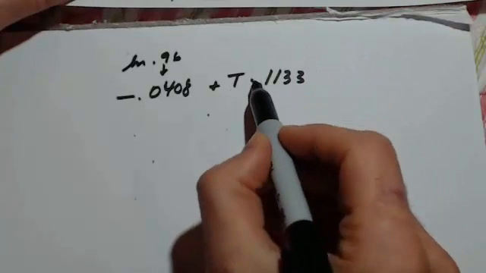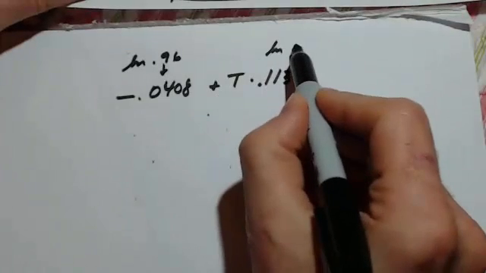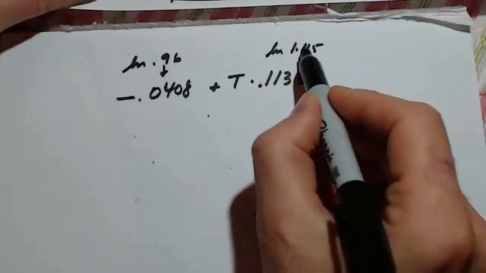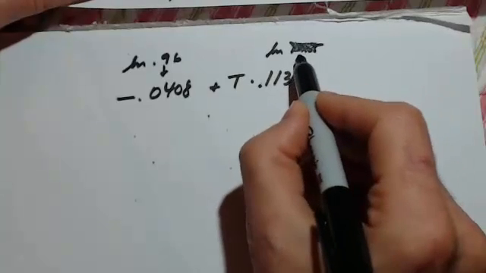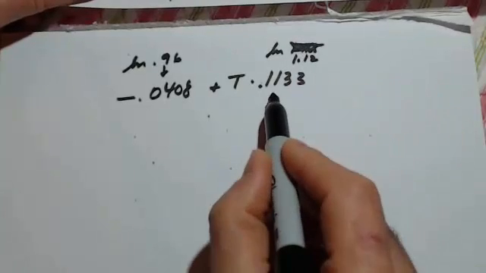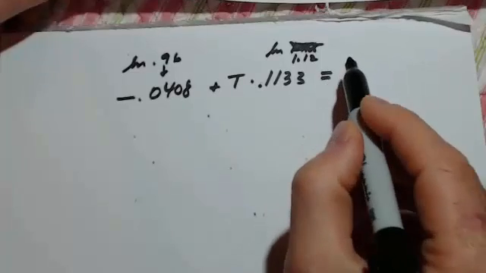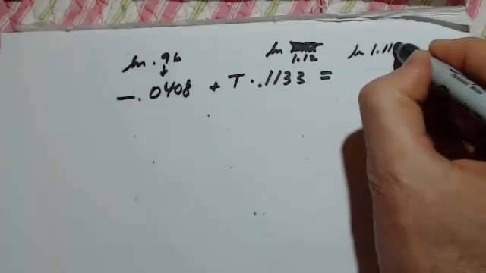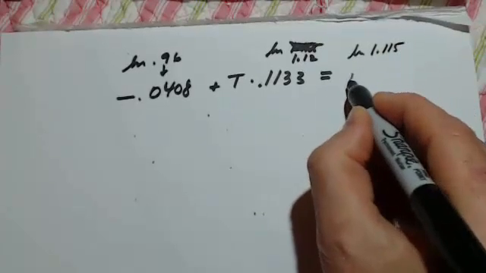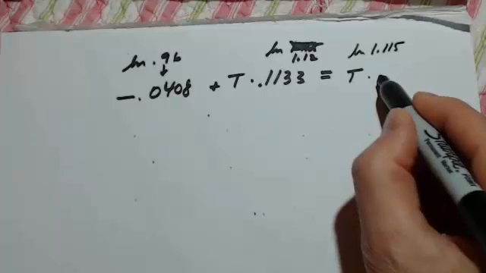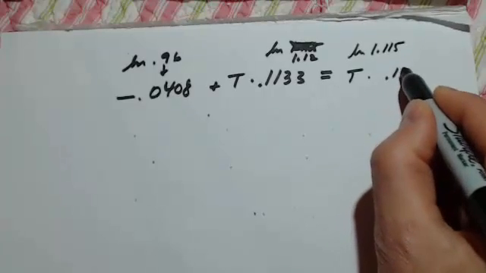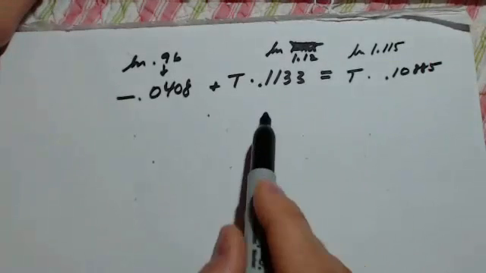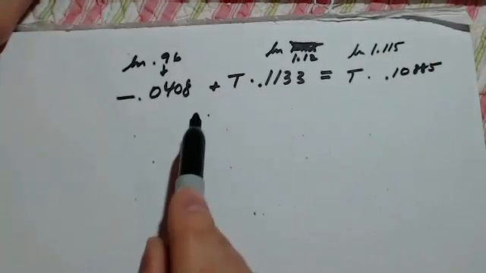The t comes down in front, and this is the log of 1.12. This equals the natural log of 1.115, and put the t in front of that, and that'll equal t times 0.10885.